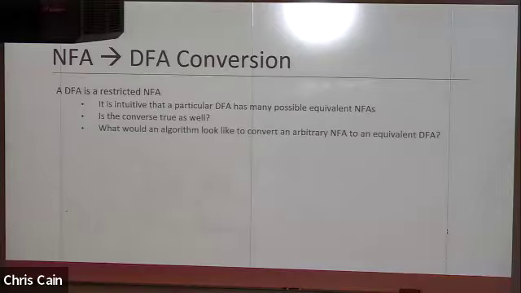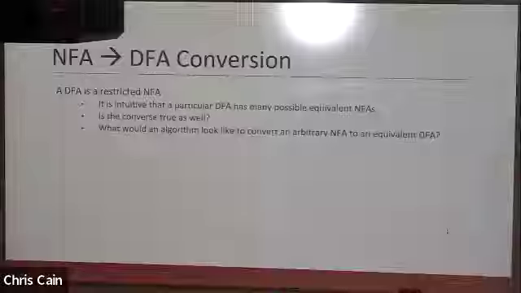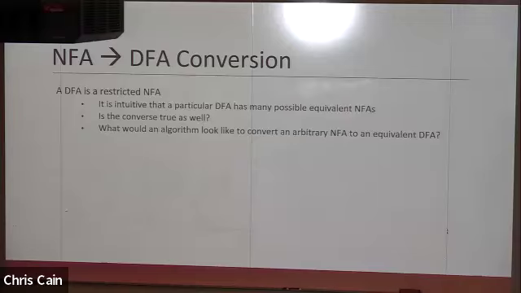Given that knowledge, if I asked you to come up with an algorithm, I'm going to feed you an NFA, return to me an equivalent DFA. What would you have to consider? What would that process look like? Where would you start? Any thoughts on designing that? I don't know, you need a total function.